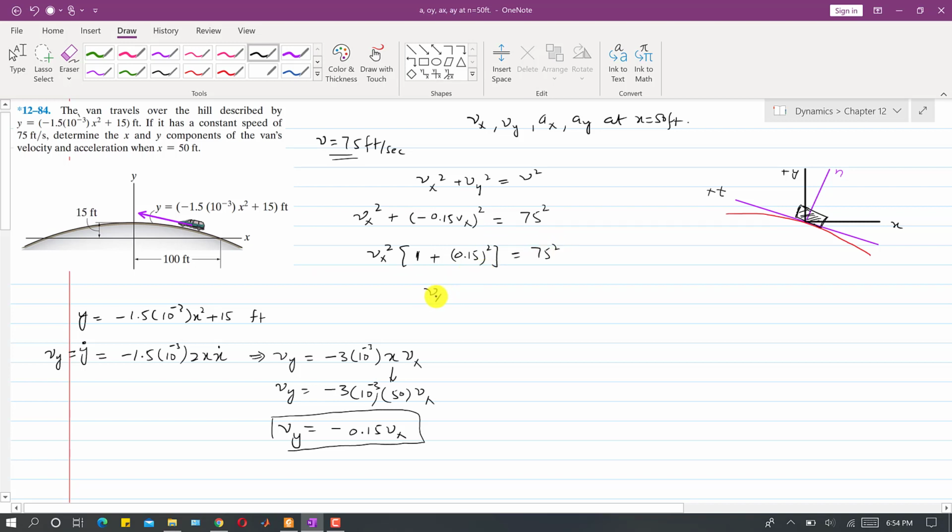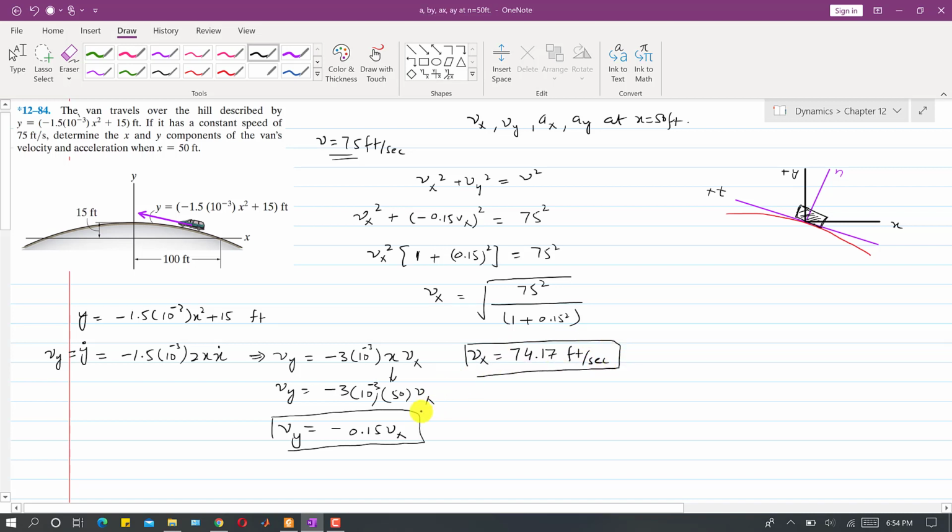So vx square will be equal to 75 square divided by 1 plus 0.15 whole square, and then we have to take the square root. So this gives us vx magnitude, which is 74.17 feet per second.